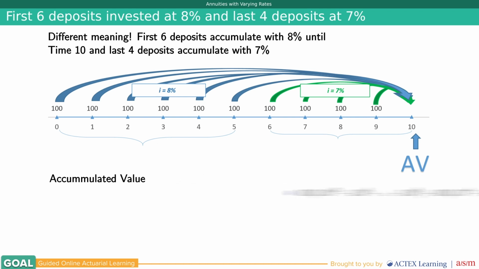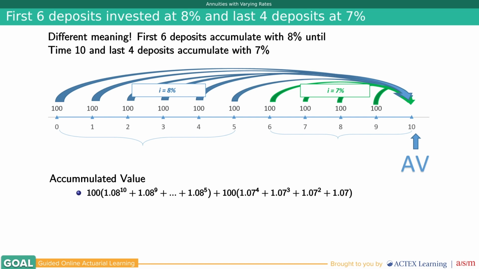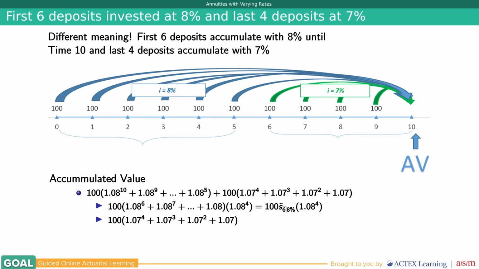After some algebraic manipulations, we get that the accumulated value at time 10 of the first 6 payments is 100 s-angle-6 at 8% times 1.08 to the 4th. The accumulated value of the last 4 payments is 100 s-angle-4 at 7%. As you can see, the main difference between this structure and the previous example is that the first 6 deposits are accumulated from time 6 to time 10 with an 8% interest rate rather than 7%.